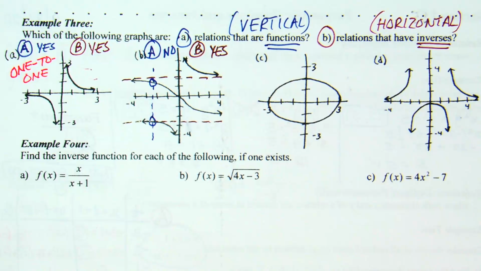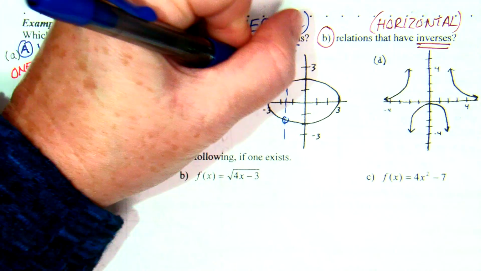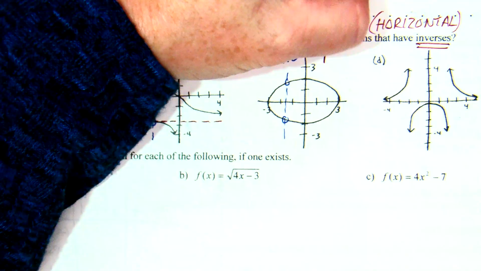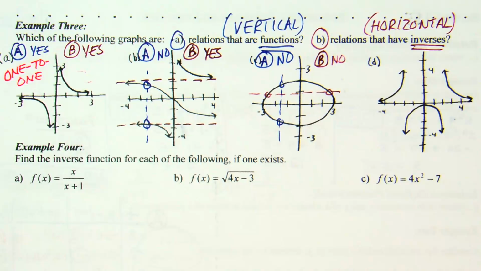What about this ellipse on part C? Is it a function? No, it fails the vertical line test. Does it have an inverse? No, it fails the horizontal line test. Okay. And D. Is it a function?